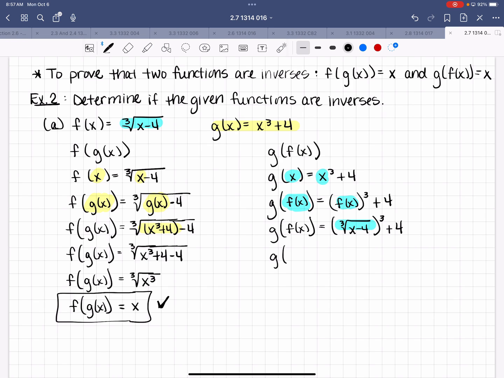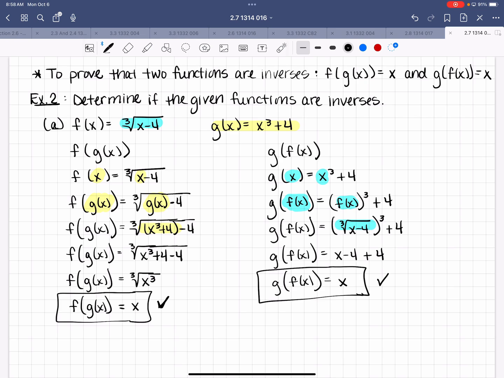Okay, that means that g of f of x, well, if I'm cubing a cube root, that's going to give me x minus 4 plus 4. Inside falls out, right? So I get g of f of x equals x.